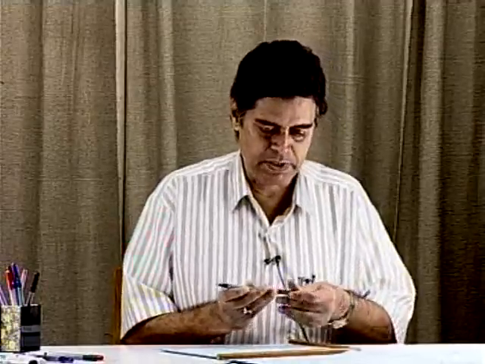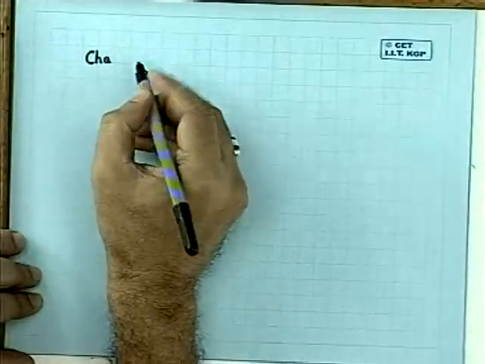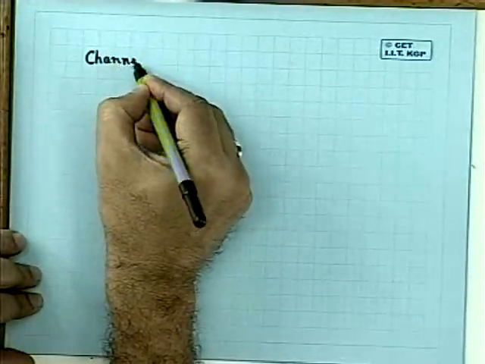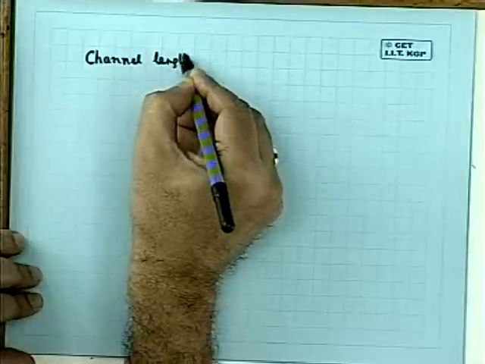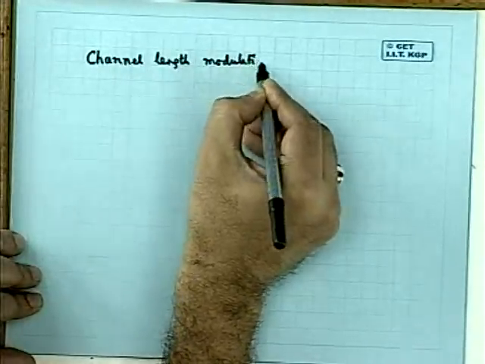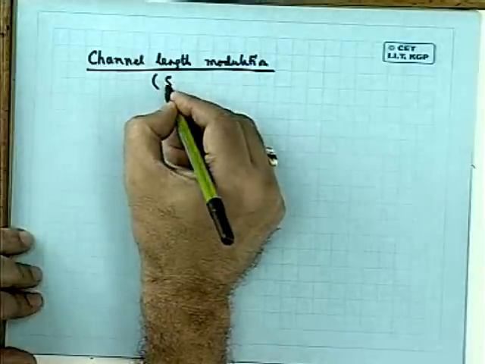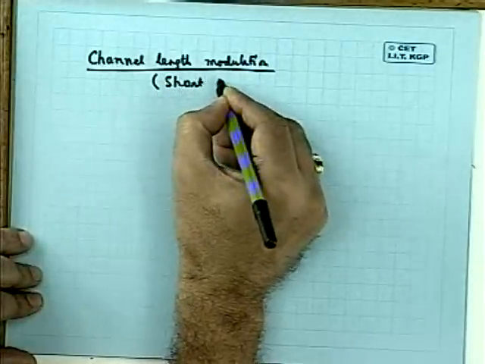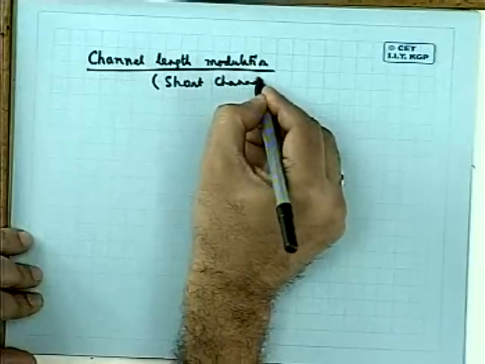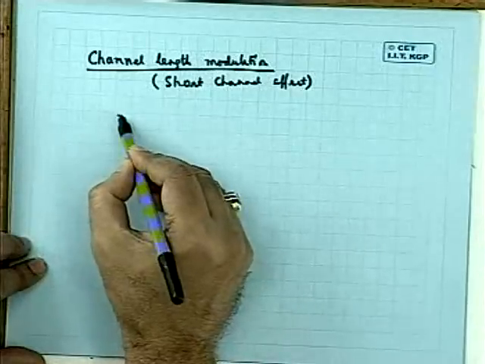Then what else happens when the channel length is reduced? The one which I have already mentioned, called channel length modulation. This is a short channel effect. Why is it a short channel effect? What is that channel length modulation? You remember?